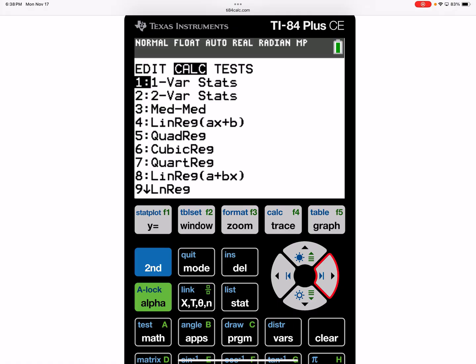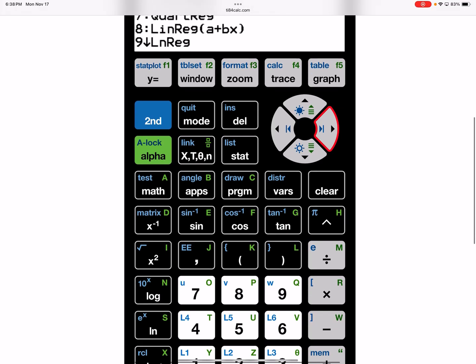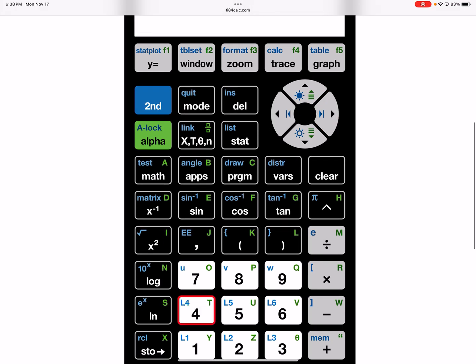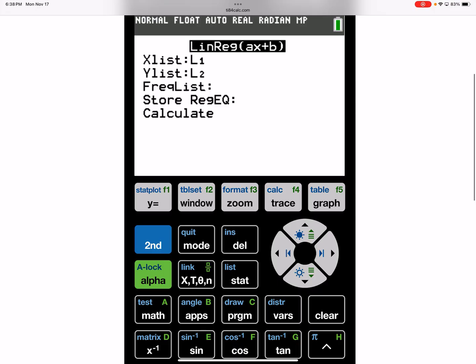So I pick 4. Here's one thing we have to be careful of if it comes up. X list is L1. That's good. Y list is L2. Leave the frequency list empty. Some of them may come up with the L2 already there. Clear that out. We don't want to store it anywhere.